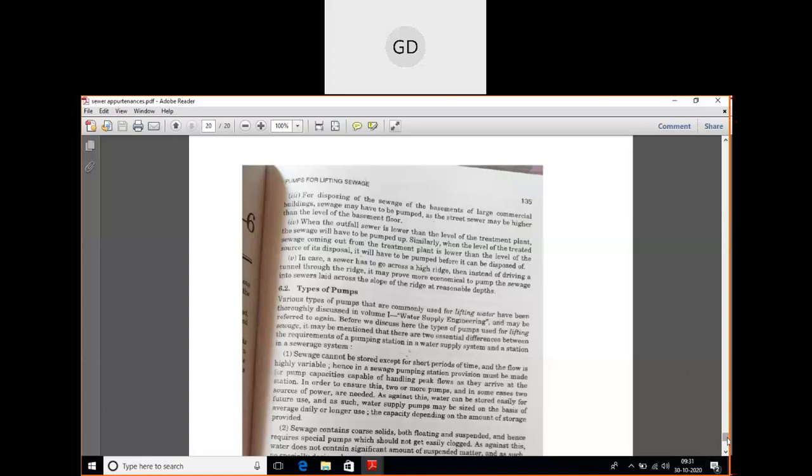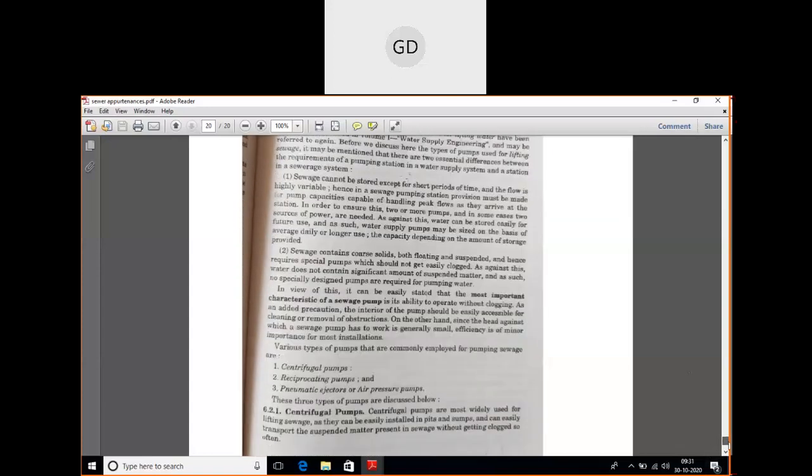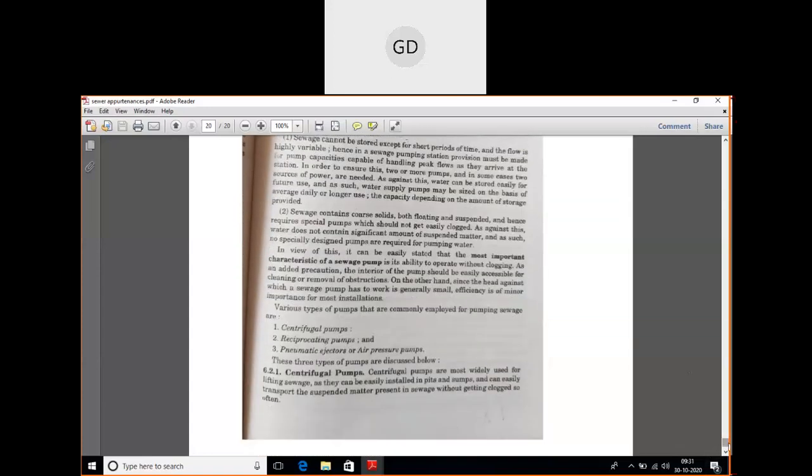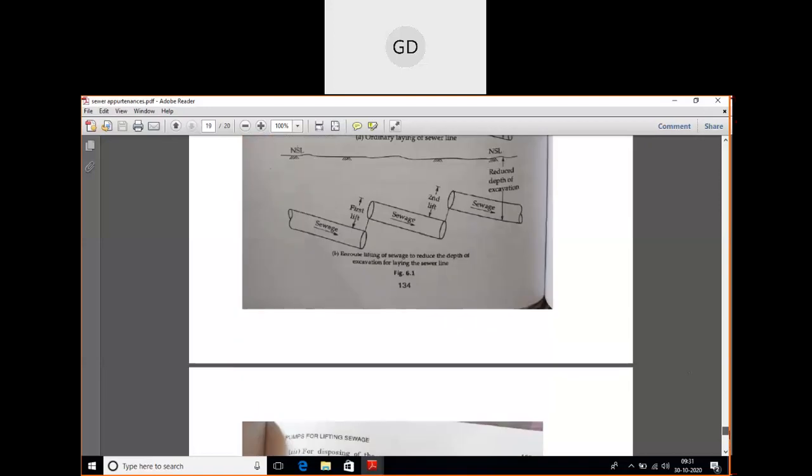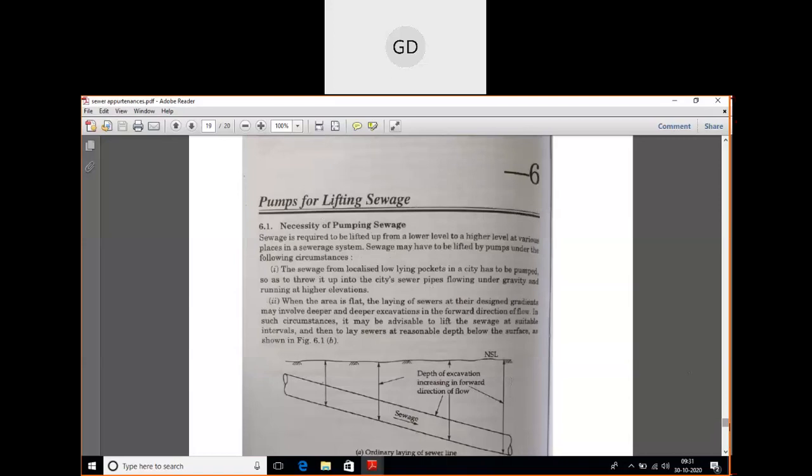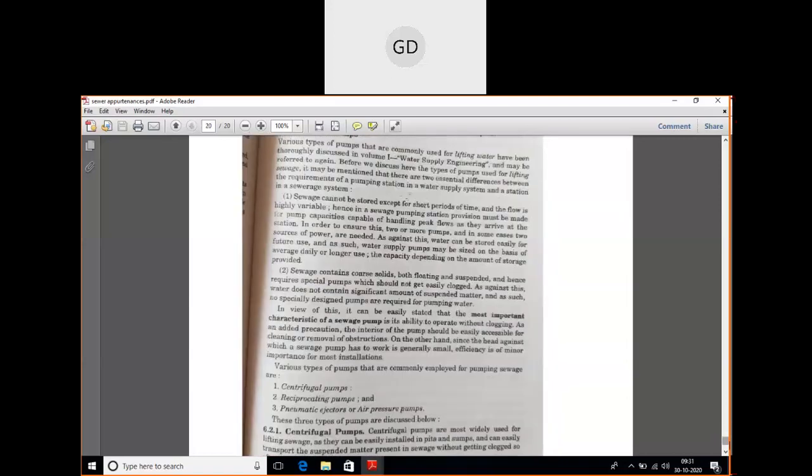Regarding the types of pumps, there are three types you can see here. Number one is the centrifugal pump, number two is the reciprocating pump, and number three is the pneumatic ejectors or air pressure pumps. You just need to remember the names. So this is all about pumps.